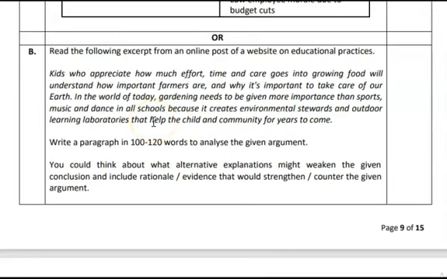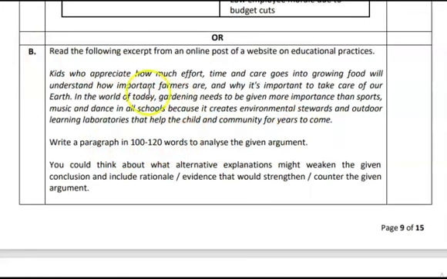In the world of today, gardening needs to be given more importance than sports, music and dance in all schools because it creates environmental stewards and outdoor learning laboratories that help the child and community for years to come.